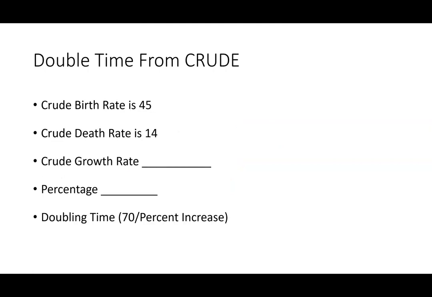Well, what if they give you some values and now you have to figure out all this stuff, including doubling time? No problem. We know to find what is called the crude growth rate, we're going to take the crude birth rate minus the crude death rate. And in this case, I was nice, and I gave you the birth rate and death rate.